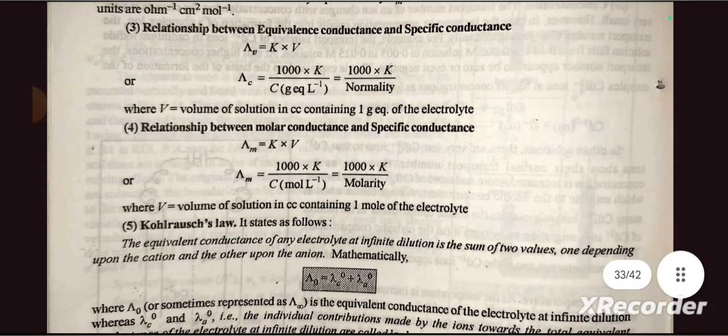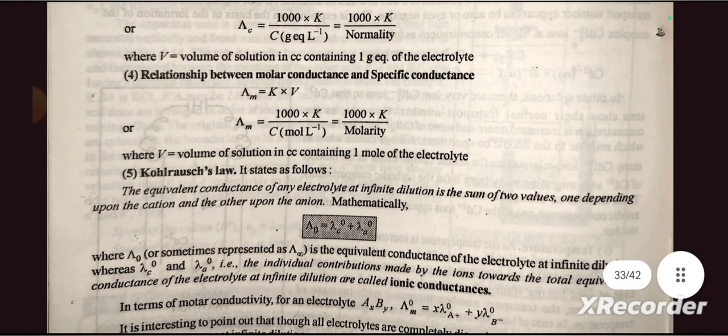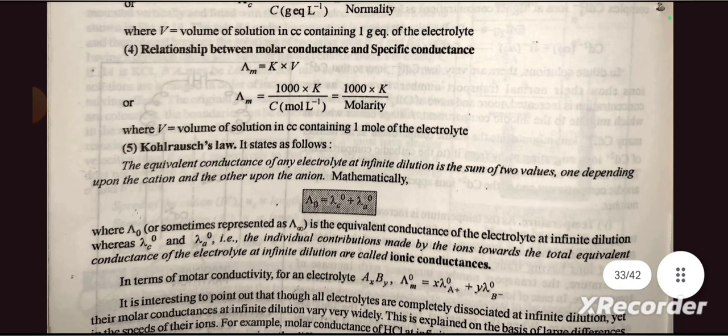Third, relationship between equivalent conductance and specific conductance. Lambda V is equal to K into V, or lambda C is equal to 1000 into K divided by C, gram equivalent liter inverse, which is equal to 1000 into K by normality, where V is equal to volume of the solution in cc containing 1 gram equivalent of the electrolyte.